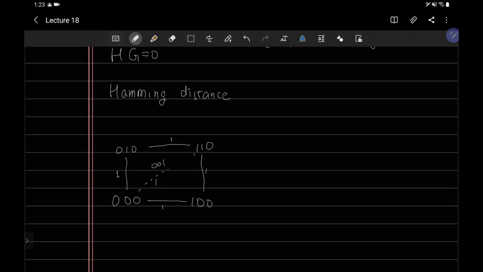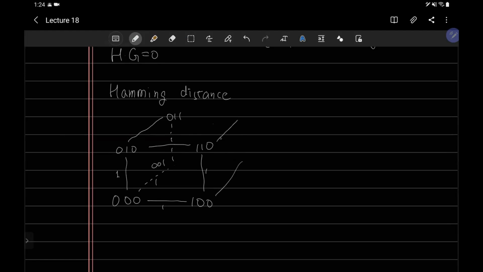And if we keep applying this kind of concept, then from this word I have the third bit also flipped like 011, or from here to here, let me use a dashed line. So from here to here, the second bit might be flipped.